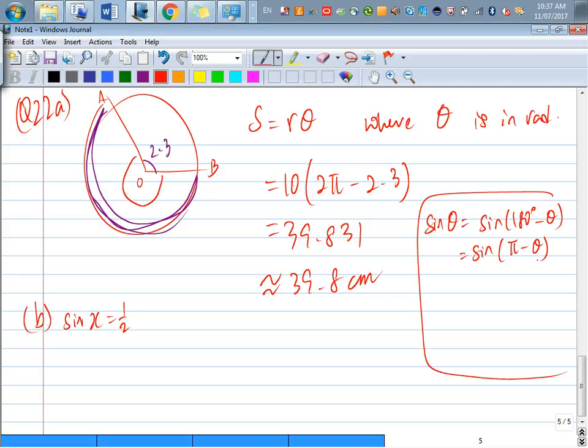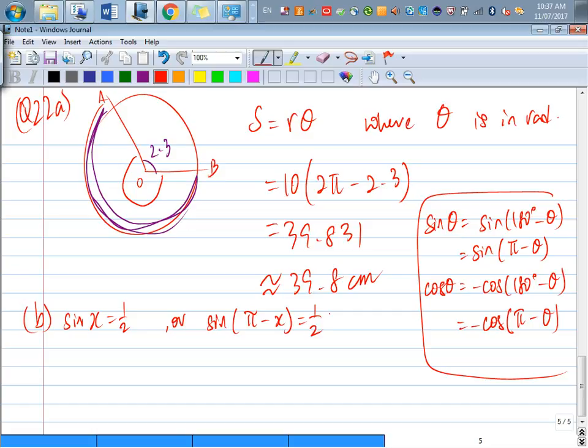Then what about the cosine one? Cosine theta equals negative cosine (180 degrees minus theta), or in radian form, negative cosine (pi minus theta). Now sine x is equal to half. So there are two possibilities: sine x equals half, or sine (pi minus x) equals half. These are the two possibilities.